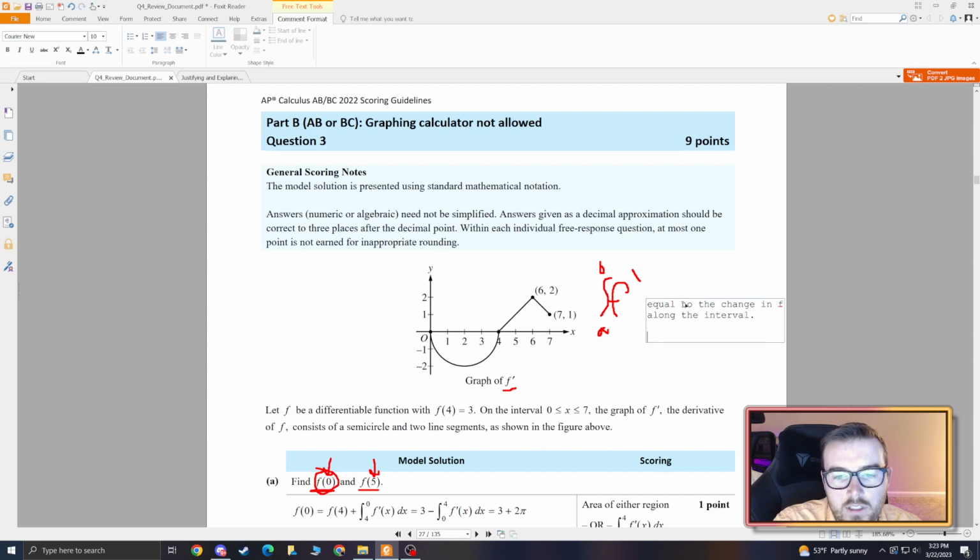So, in other words, the integral from a to b of f prime is the distance f moved up, down, left, right, however you want to think of it, over the interval a to b. Okay? That is extremely important.